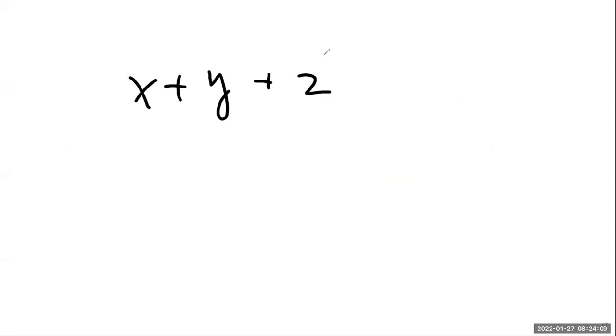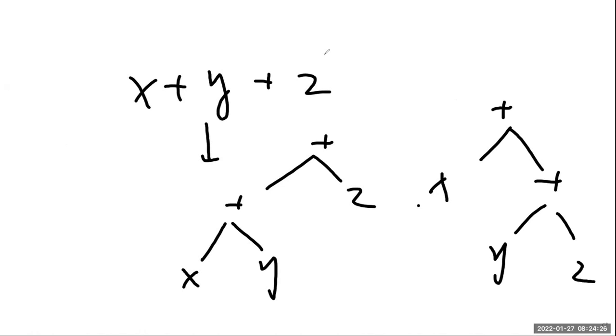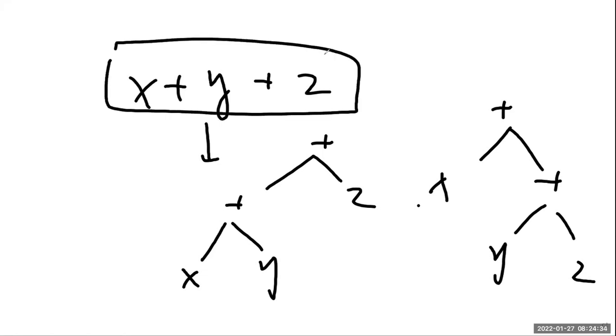And this whole thing can be converted to an evaluation tree such as X plus Y and then plus 2, or you can convert it to be X plus Y plus 2. Depends on how you parse it. So our original token string is like this, but the target evaluation tree is like this.